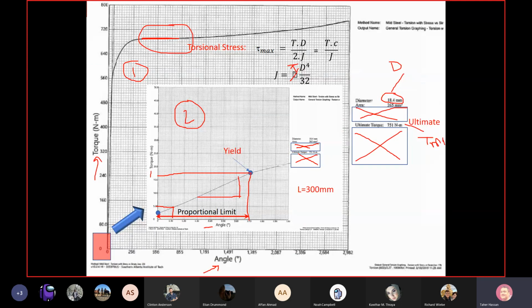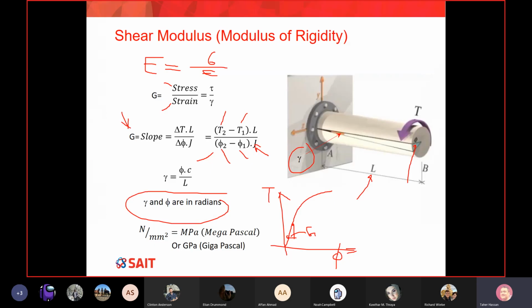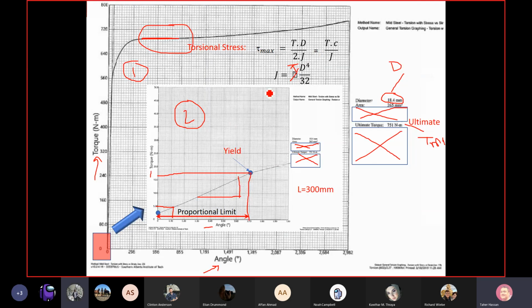Okay? Also, one thing you will see on the assignment is that it asks you to find the stress. So one of the requirements on the assignment is to simply find the G. Okay, we already went through how to find the G. The other requirement is we'll ask you to find the stress. Stress means tau, huh? We want to find the tau.